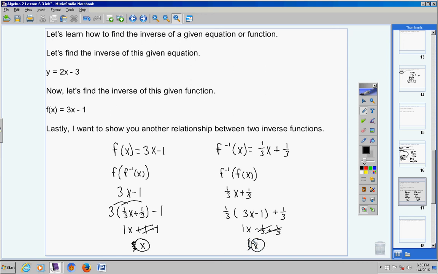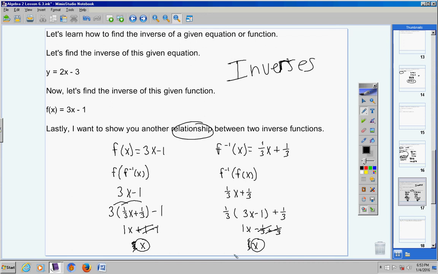Okay, here's the relationship I want you to learn. If two functions are truly inverses of each other, then you can take the composition both ways and you will get out x both times.